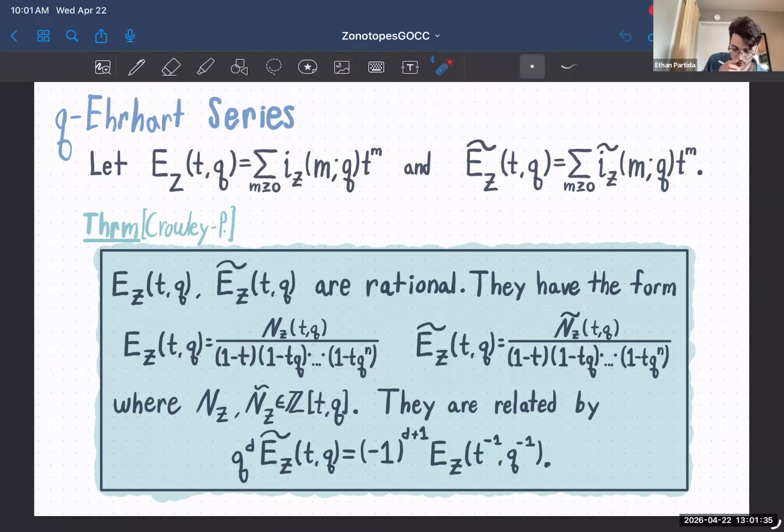Vic and Brendan have a bunch in their paper where you get t to the 7th or something in this denominator, and you can't reduce it any further. So if there was a graded Ehrhart polynomial as I defined it with this quantum integer stuff, you would always get these single powers of t in the denominator, but that just doesn't happen in general. So I think this is the main obstruction. It's the one I don't know how to fix.